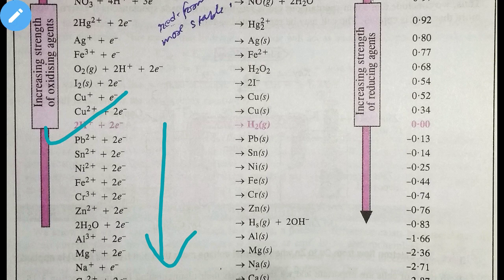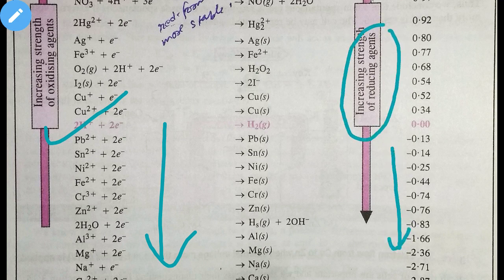That means the reducing character increases. You can see it is written here, the reducing character of the metals increases as we go down in the series compared to hydrogen.